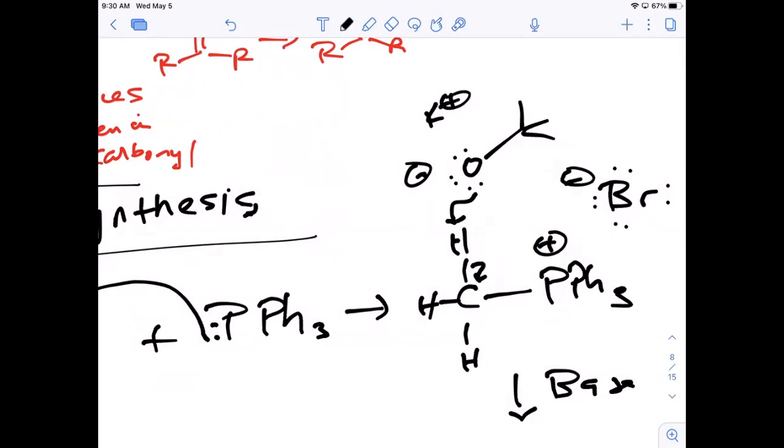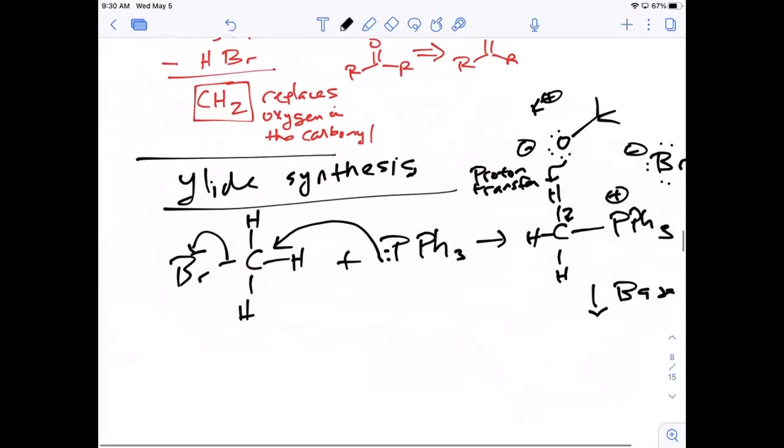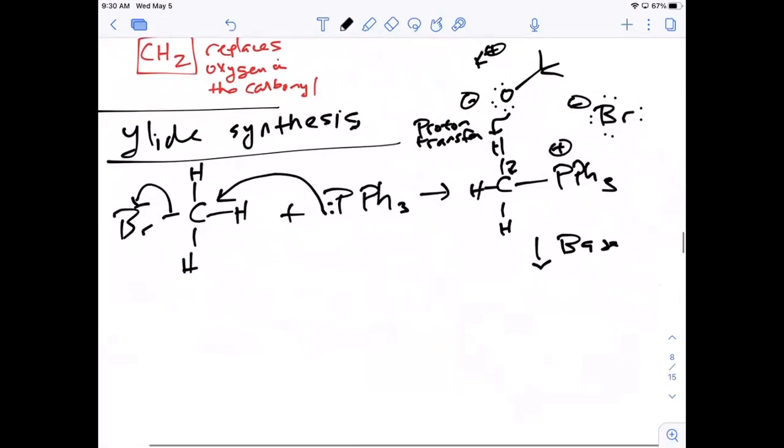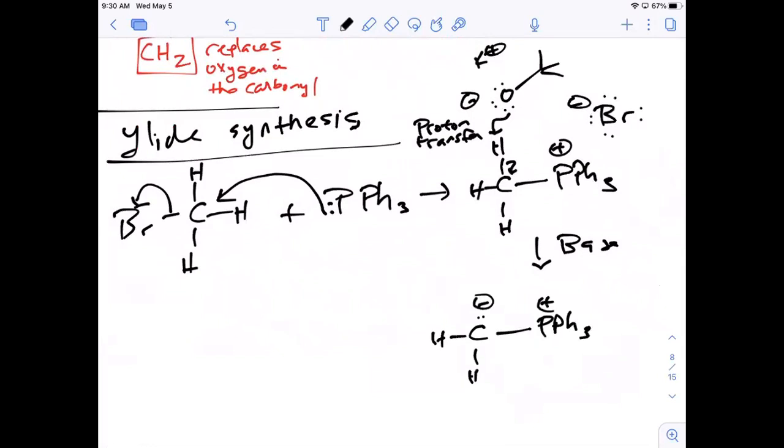All right, so now this is just a proton transfer, right? That's the purpose of the base, to rip off that proton, and now you have carbon with a pair of electrons, and this negative. That's that, and then the ylide, which is positive.